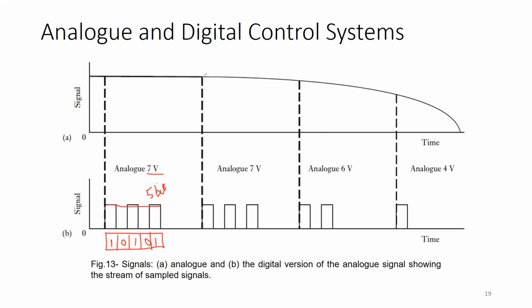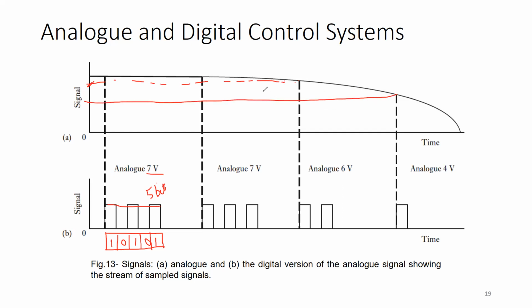Here also, although it is a little bit less than 7 volt, it hasn't reached the 6 value. Suppose this value ends somewhere over here, but actually 6 is over here.